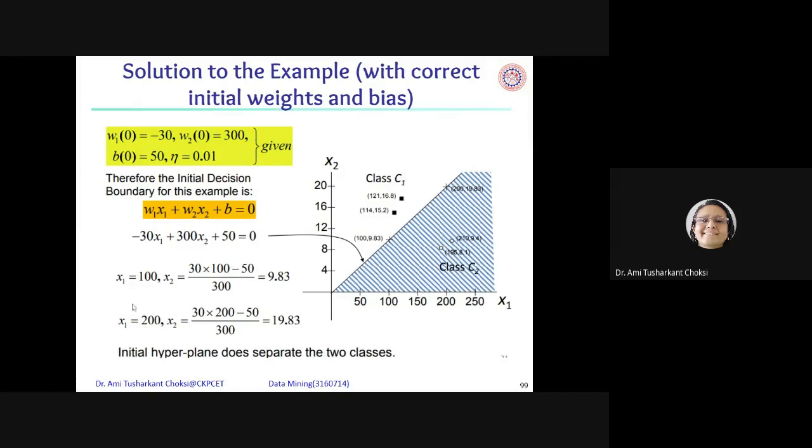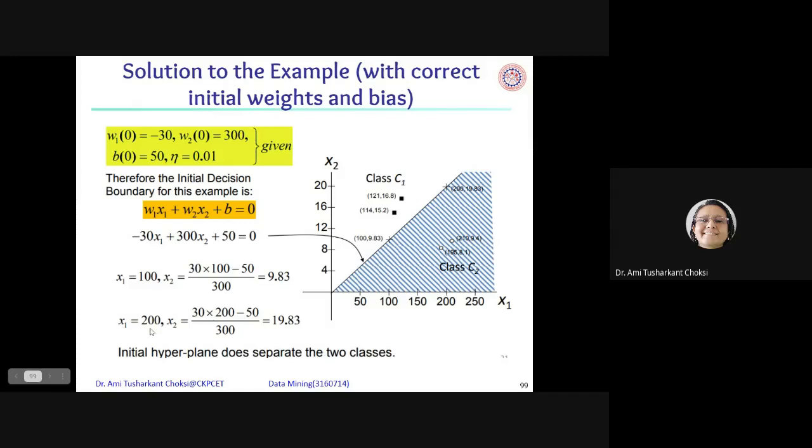Now, say x1 is equal to 100, and what should x2 be? We have the equation with x1 and x2, so if we put the value of x1 here, we'll be able to find x2, isn't it? So let's say we find x2 as 9.83.